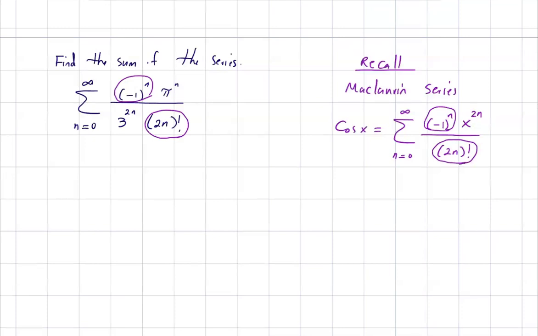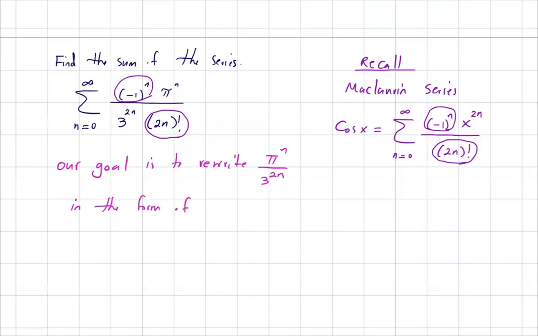Our goal is to rewrite pi^n divided by 3^(2n) in the form of x^(2n), as you can see here. So this is my goal. We're going to do algebra.